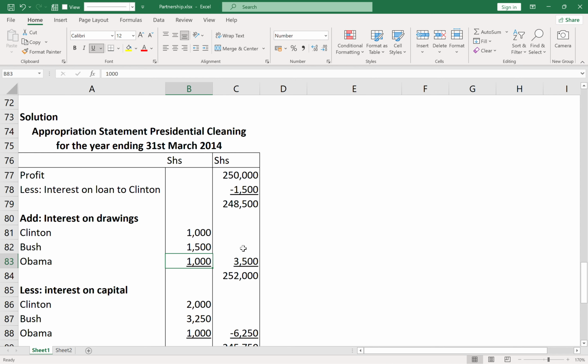We add the interest on drawings to get 3,500. So the total will be 252,000.